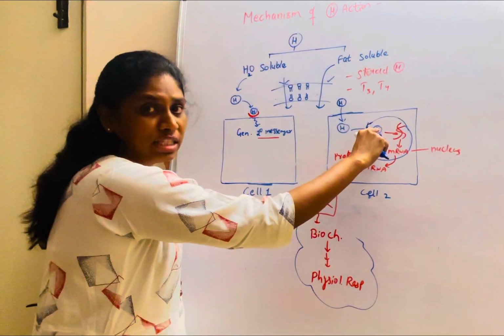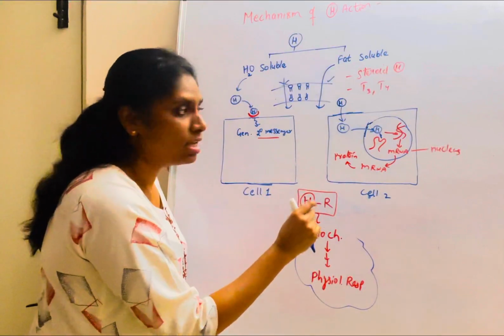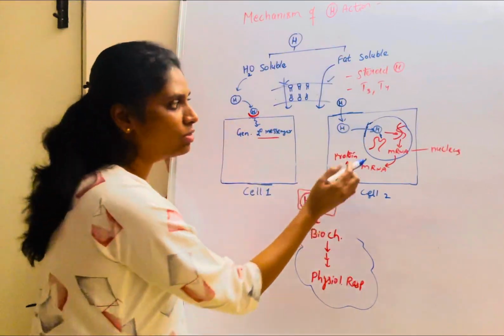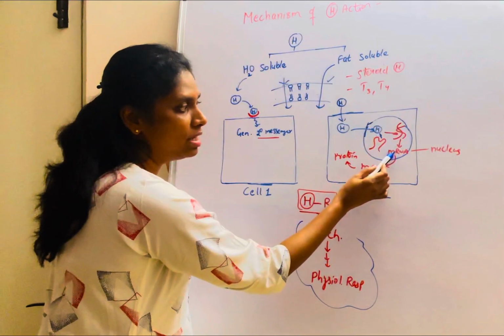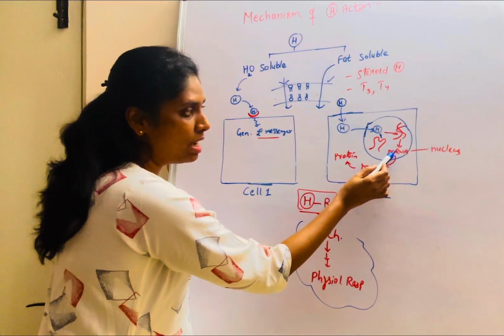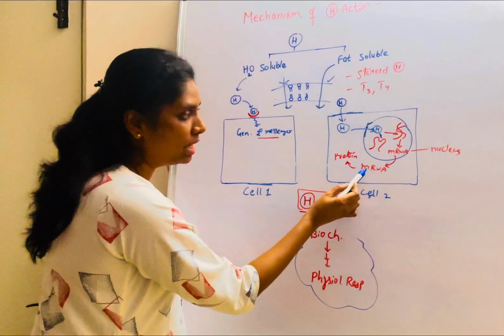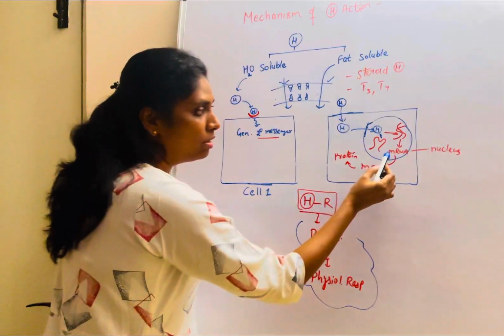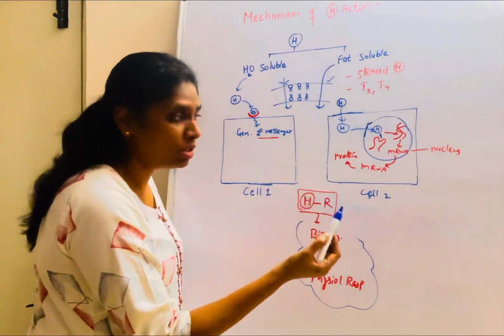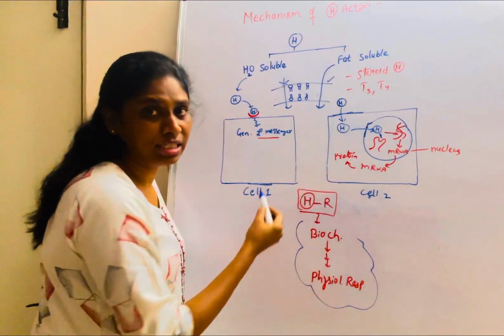Now this hormone receptor complex then interacts with a particular gene sequence on this genome, and then this genome will now make mRNA. mRNA comes out into the cytoplasm and then it makes protein. All of us know that the formation of mRNA is transcription while the formation of protein is translation.